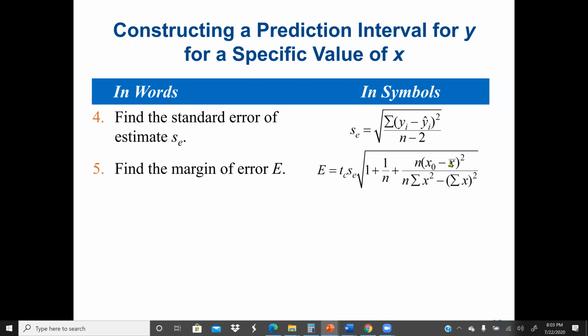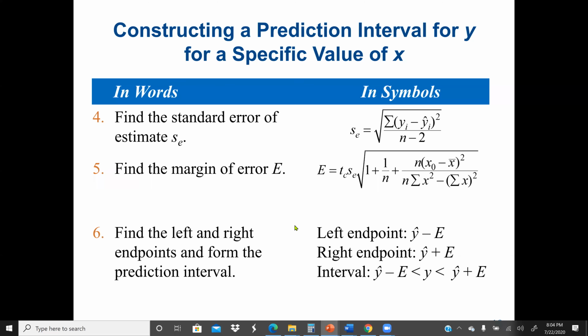We have our x data set, so we can find the x mean. And we plug in all the values to get the error. Now, when we get the error, we add and subtract. So we say the estimate of y here will be y prediction minus E and y prediction plus E.